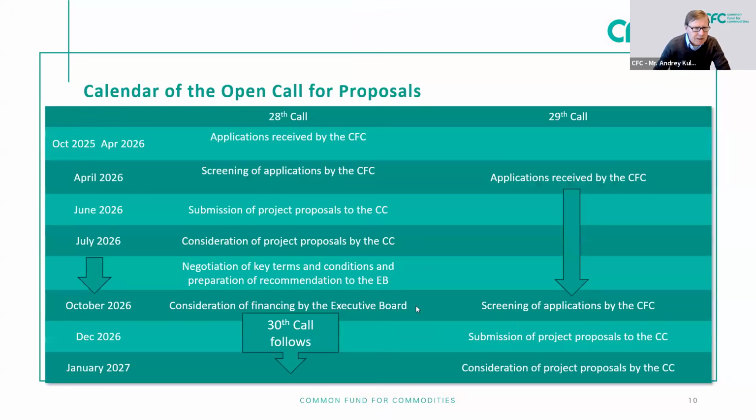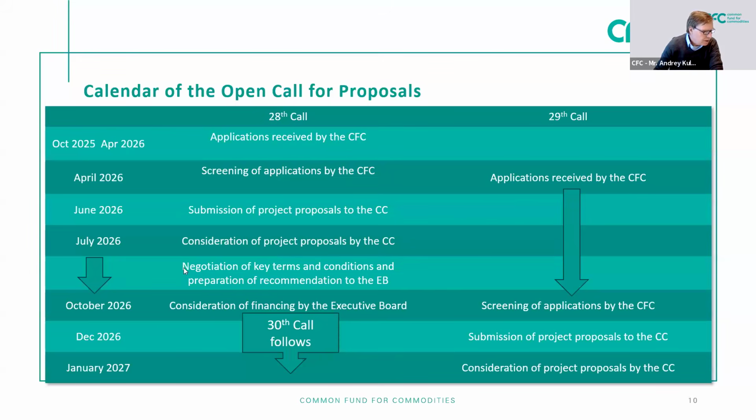To give you a complete diagram of how the process looks, we are currently here, up to April 2026. We receive applications that will be considered in the 28th call for proposals. From April onwards, we will start screening the applications. In June, we will send the applications to the Consultative Committee, and in July, the Consultative Committee will meet and discuss the proposals.